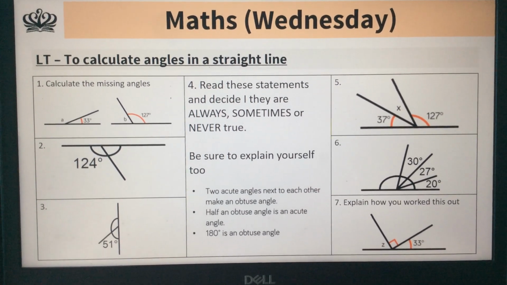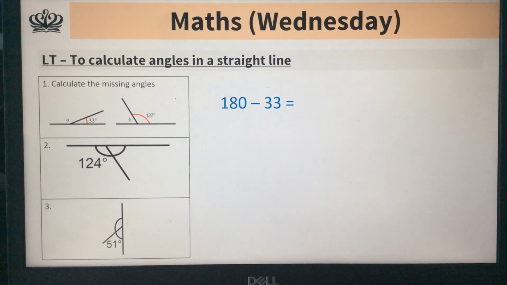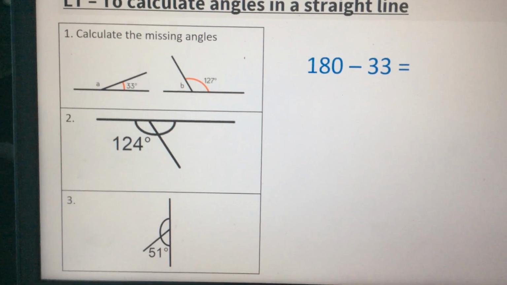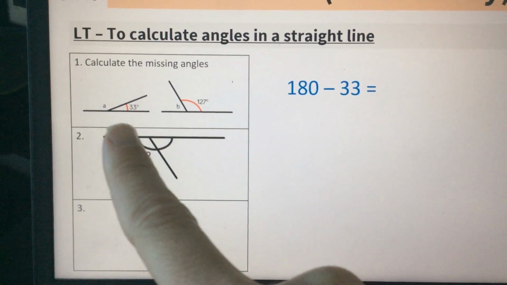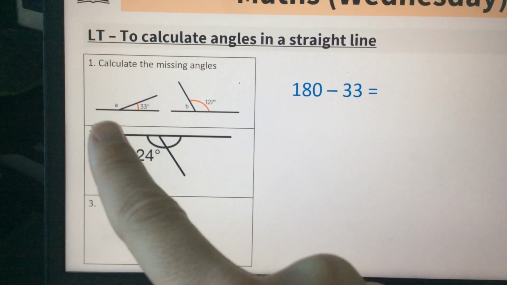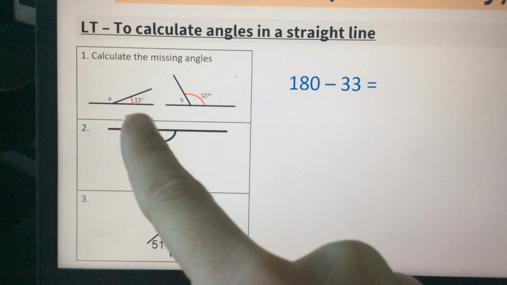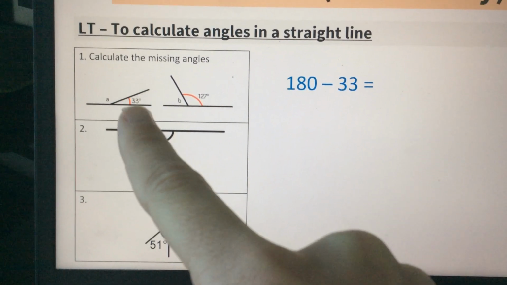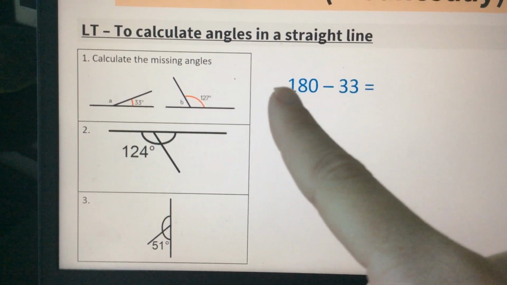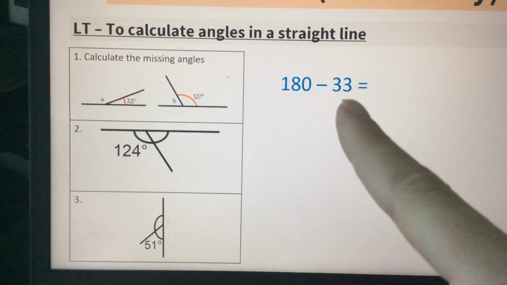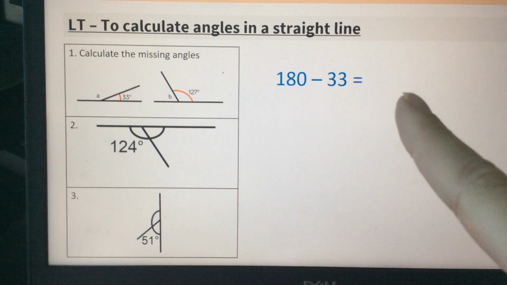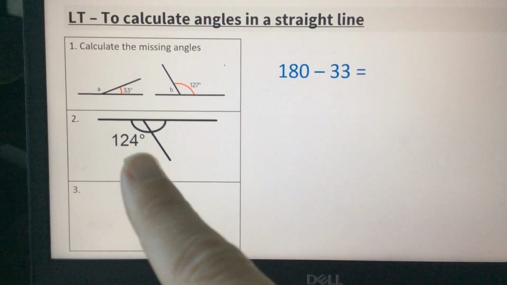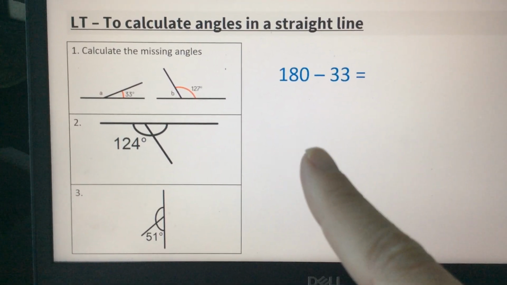So here are our questions for today. For these first ones, using what we've just had a go with, 180 will be the whole of that straight line. If we already know 33, we're going to do 180 take away 33. This one is the same. The straight line would be 180.